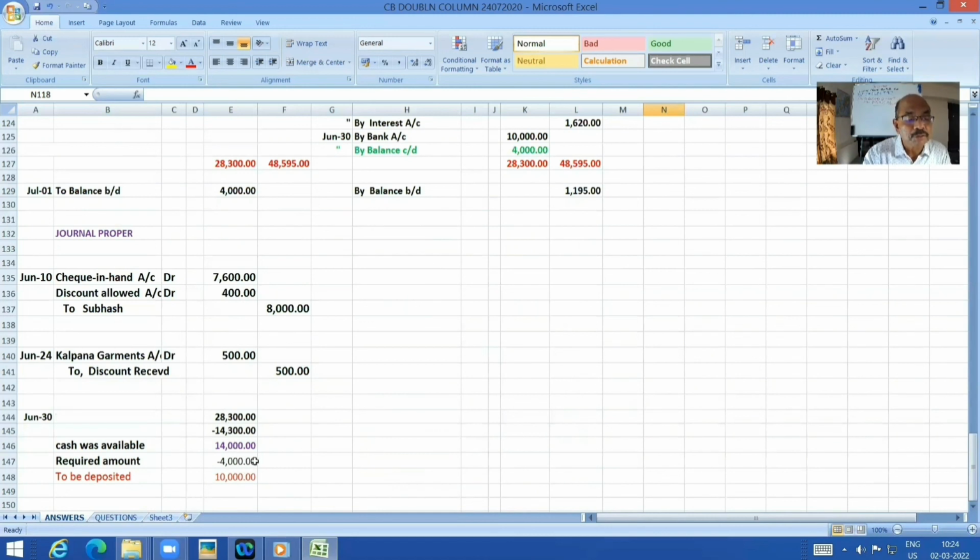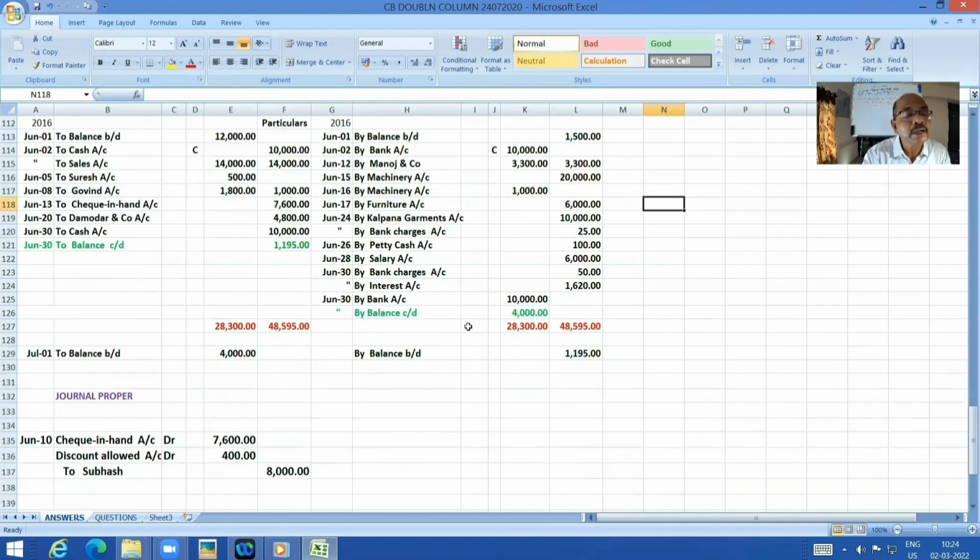We need only 4,000. Naturally, leave that behind and deposit the balance into the bank. The balance comes to 10,000. That is deposited into the bank, a contra entry. Bank to cash account. Please make a contra entry. Okay, I mean, show the contra entry also. How much? 10,000. Okay. That's all. The balance obviously will be 4,000 here. Total the revenue side, put the total, find the difference.